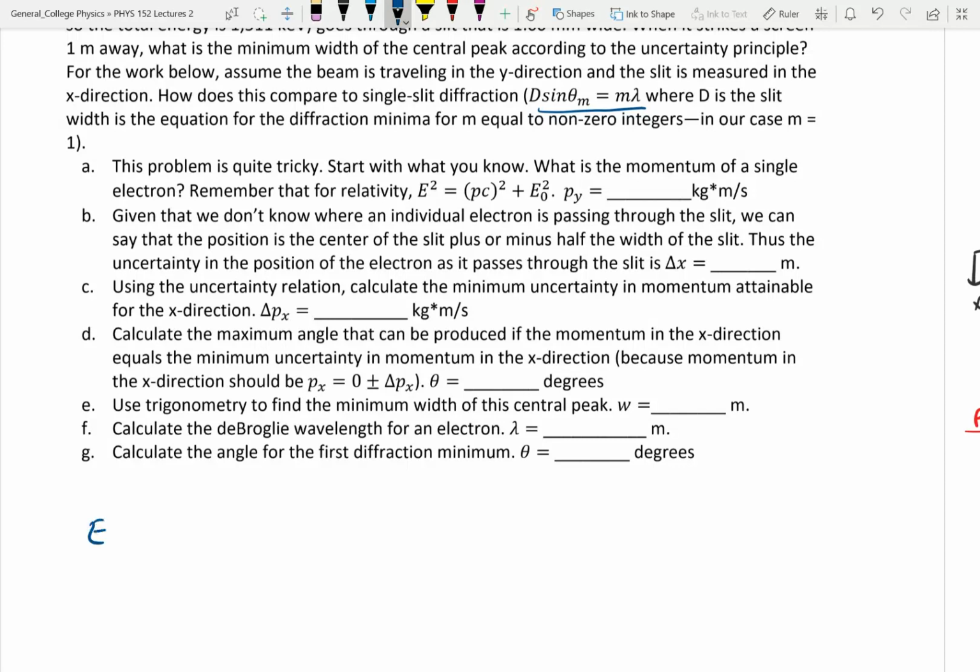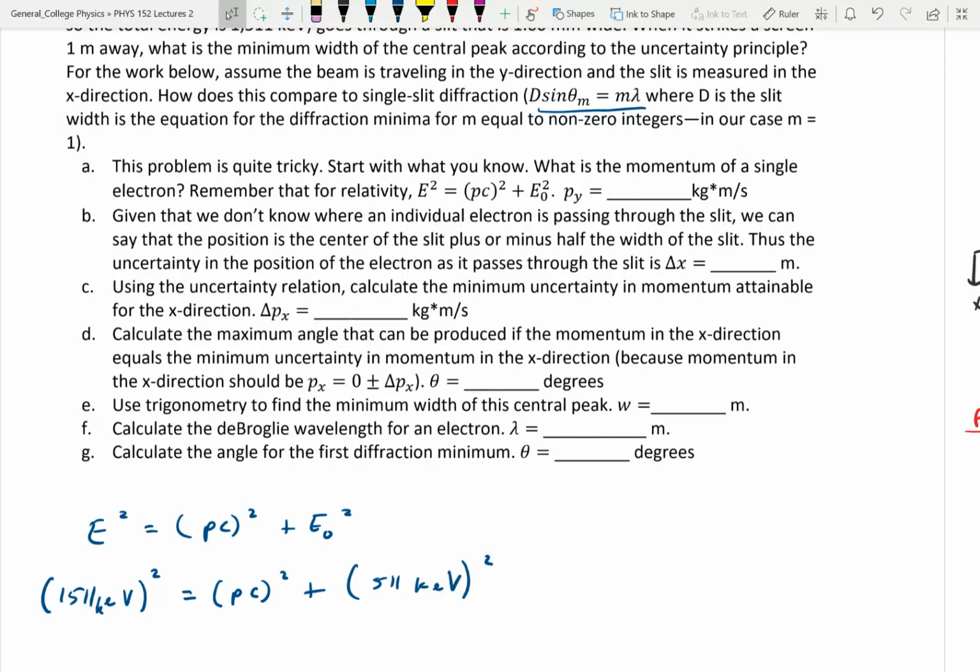I have E squared equals PC squared plus E0 squared. Well, I know that E squared is going to be the total energy, 1511 kiloelectron volts squared. And the rest energy is going to be 511 kiloelectron volts squared.